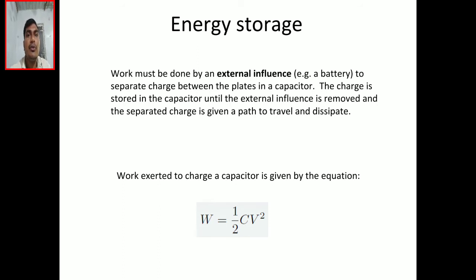Work must be done by an external influence to separate charge between the plates in a capacitor. The charge is stored in the capacitor by means of the external voltage given to it. So this is the energy storage in the capacitor.